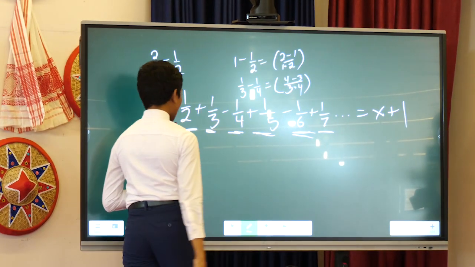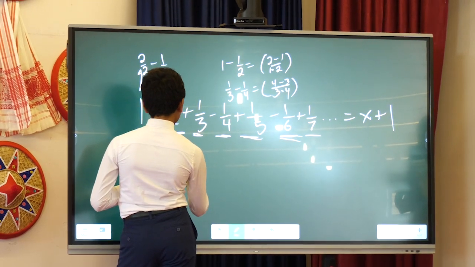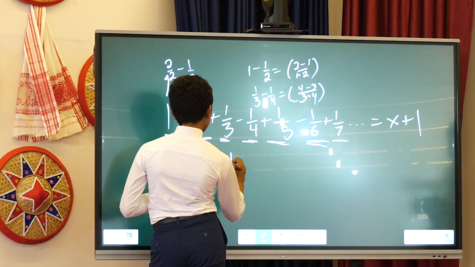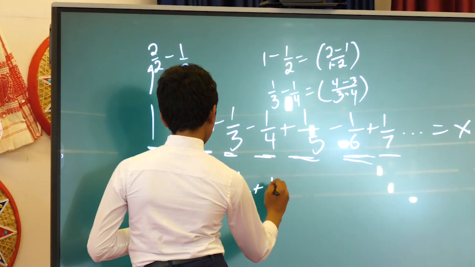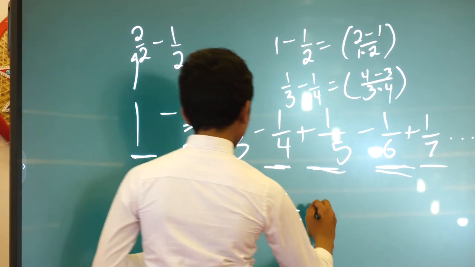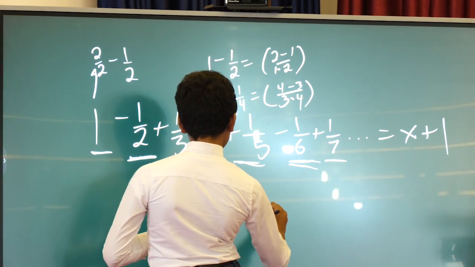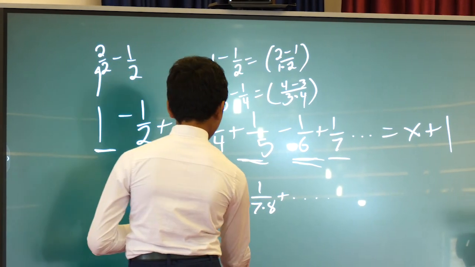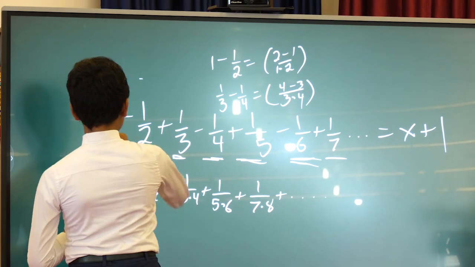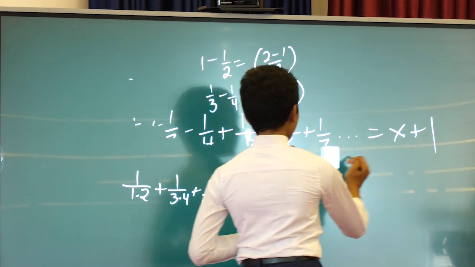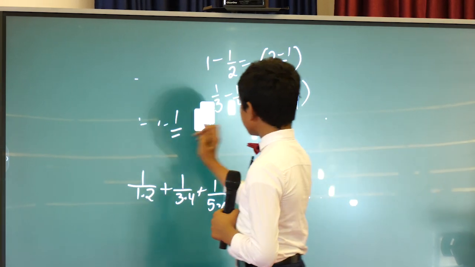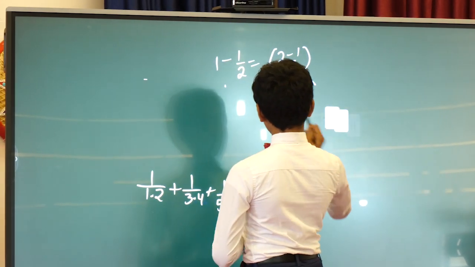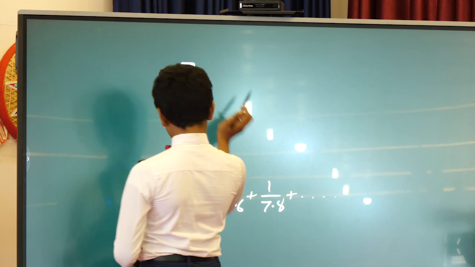So what's actually going to happen is this is going to be 1 over 1 times 2 plus 1 over 3 times 4 plus 1 over 5 times 6 plus 1 over 7 times 8, and so on and so forth. And hopefully I can figure out how that telescopes pretty quickly. So I'm pretty sure this converges. Just to be sure, I'm going to write it down.